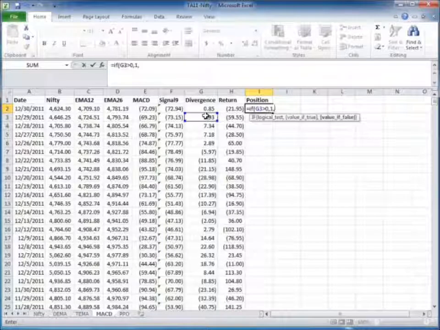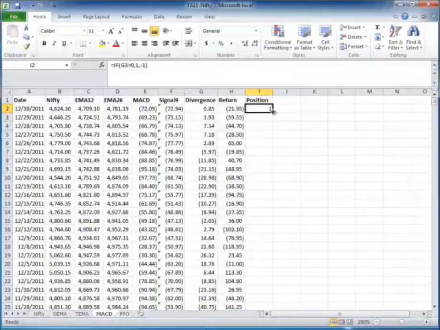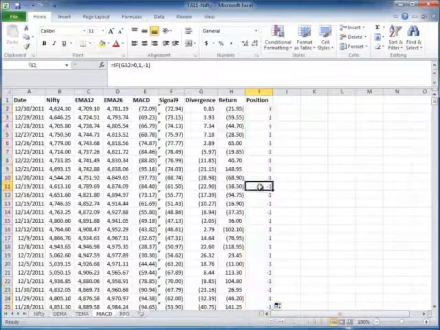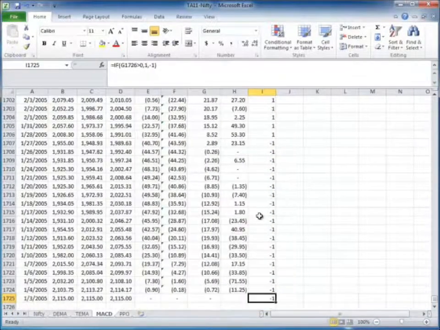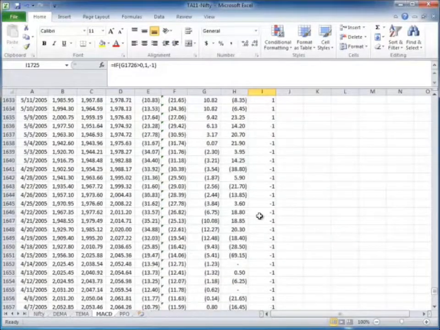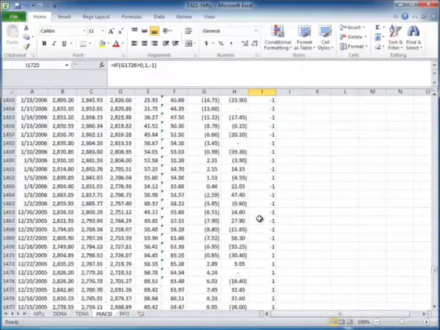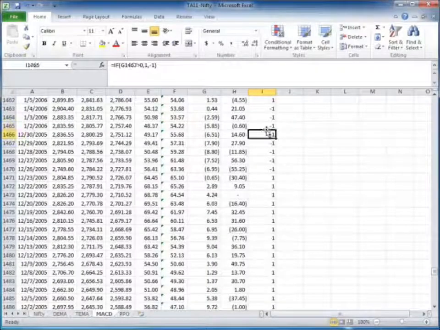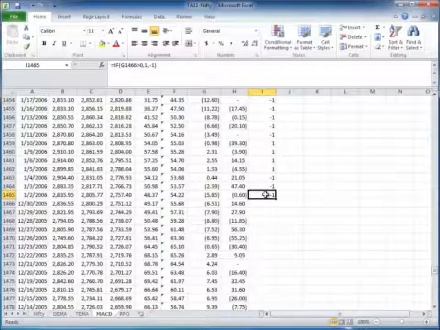Otherwise, give me a short, which is -1. So this should give me a long position because in this case the divergence is positive. Now I'll take this all the way down and I'll see lots of 1s and some -1s. And what I'm just going to do is take this up to 2005. Right? So from here I'll get rid of all of that and we'll start with this position here.